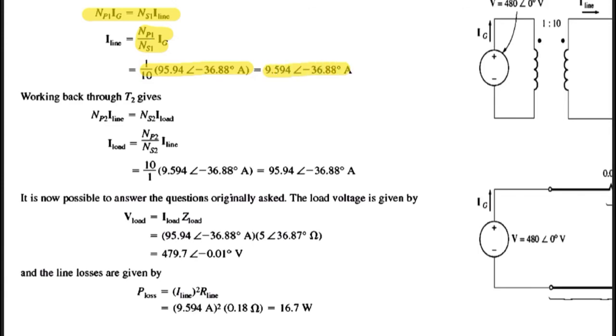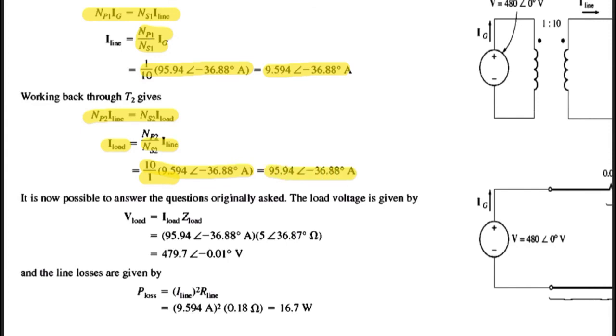Now working back through T2 gives NP2 I line equals NS2 I load. So I load equals NP2 over NS2 times I line. So 10 over 1 multiplied by the same current, we get 95.94 with the same angle minus 36.88 ampere.